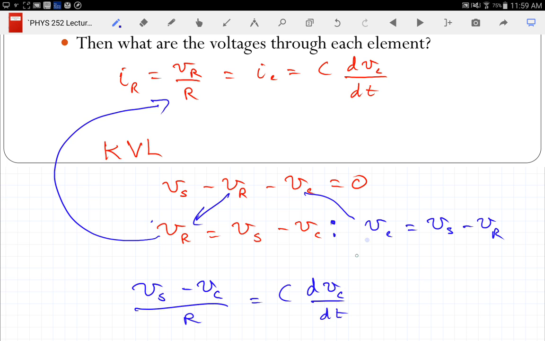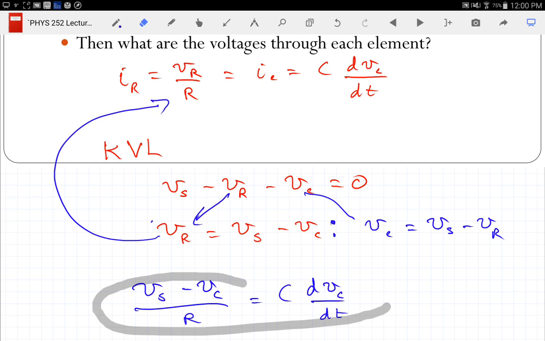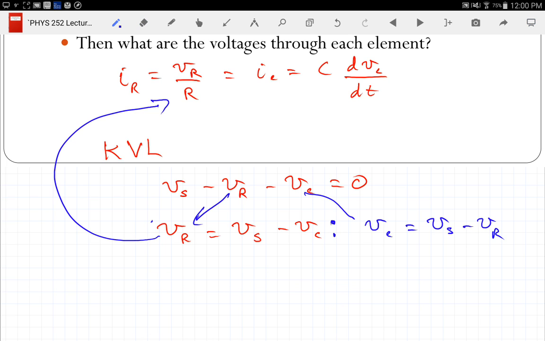If I solve this equation for V_C and make that substitution, I get an equation that is going to be simpler mathematically for us. I'll have V_R over R is equal to C d/dt of Vs minus V_R.